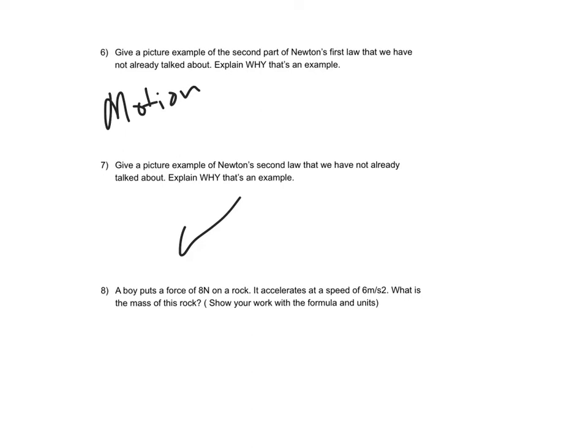8 is a boy puts a force of 8 newtons on a rock and it accelerates at a speed of 6 meters per second squared. What is the mass? So if we remember that the equation is force equals mass times acceleration, our force is 8, acceleration is 6.